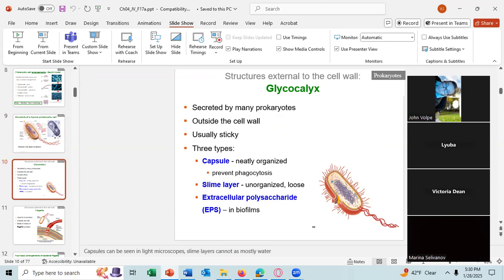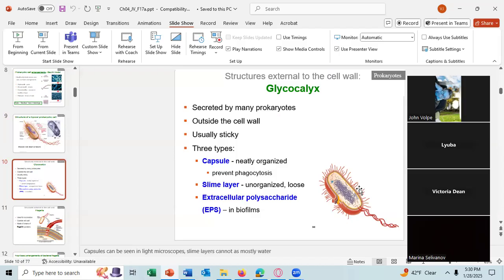The capsule can be seen by a light microscope, and the capsule can help prevent phagocytosis of the bacteria from a white blood cell. So if a bacteria produces a capsule, the white blood cells cannot, at least easily, phagocytize them.